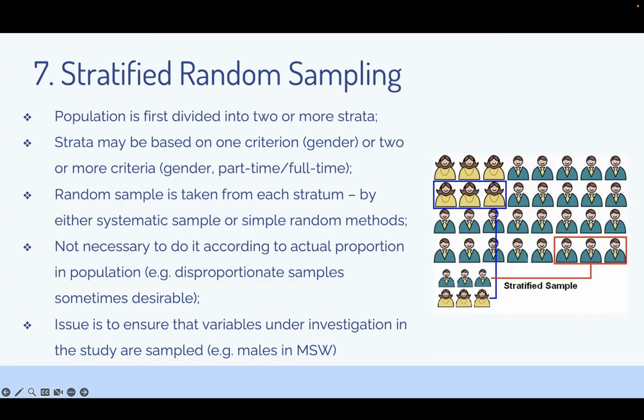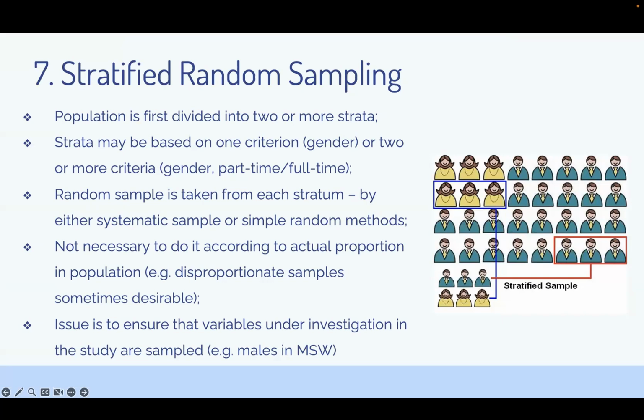Sometimes we might shake things up a bit, not sticking strictly to how many of each group there actually are. Like if you want more pecans in the mix, even though there are fewer of them in the bowl. The whole point is to make sure our sample covers all the flavors of the population, especially the ones crucial to our study focus.